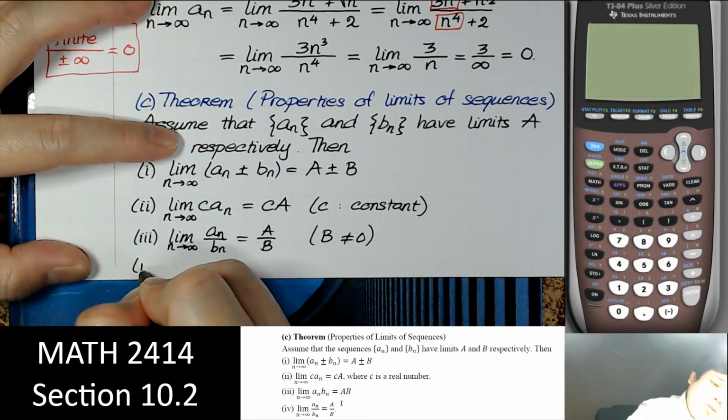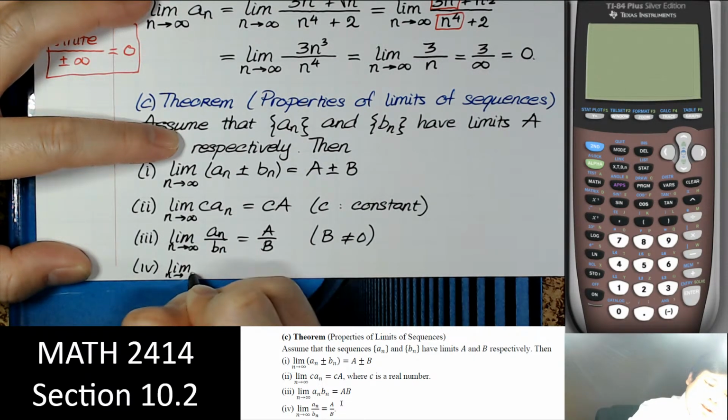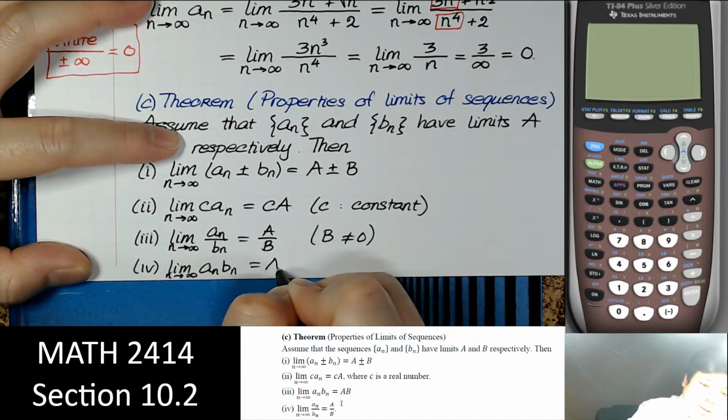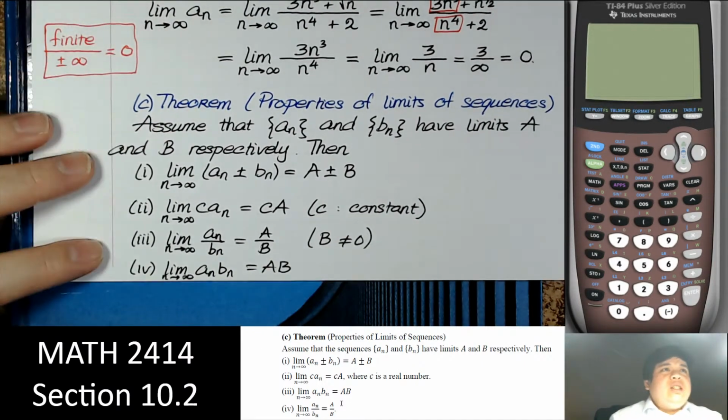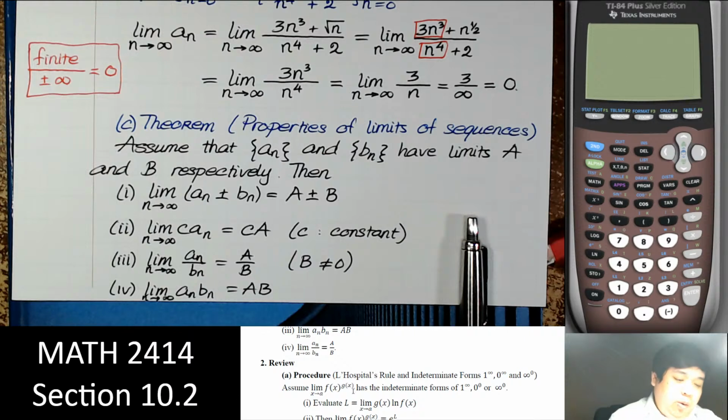And now when we have a product, the limit is the product. So this is kind of straightforward. But the limit of a sum is the sum of the limits, limit of difference, or products, or quotient.